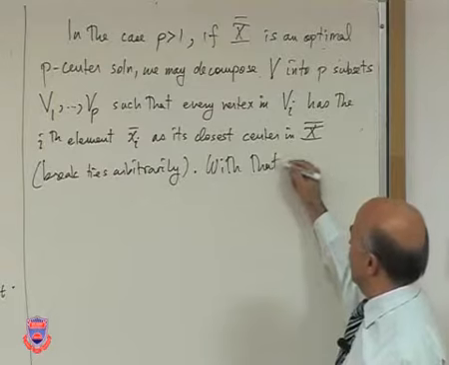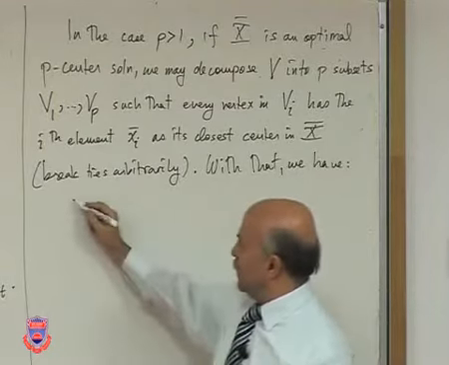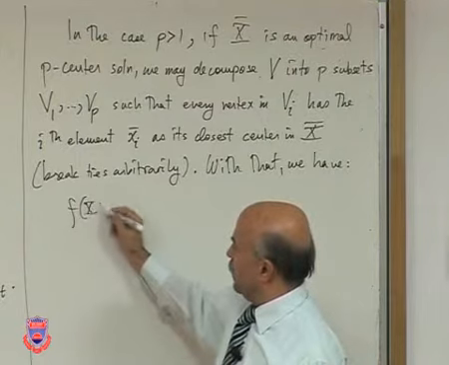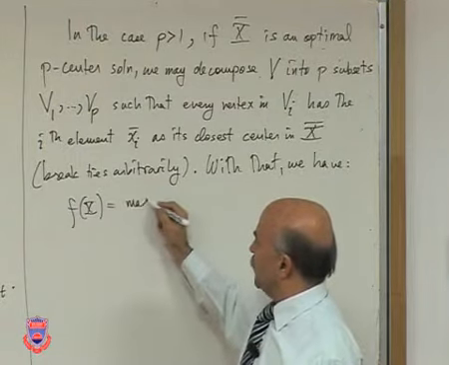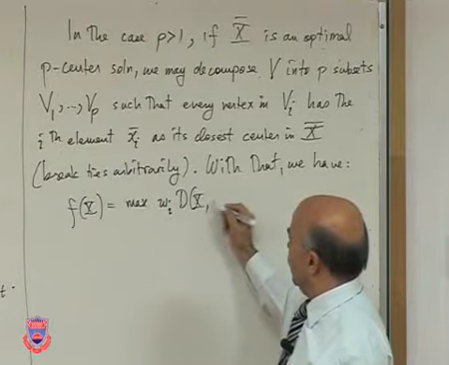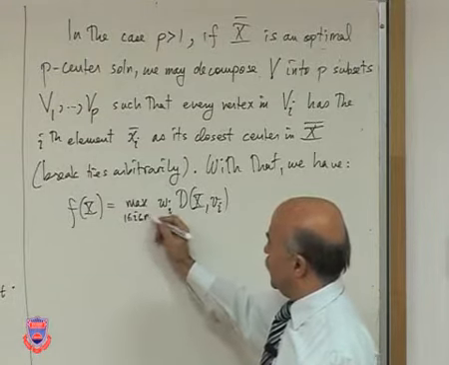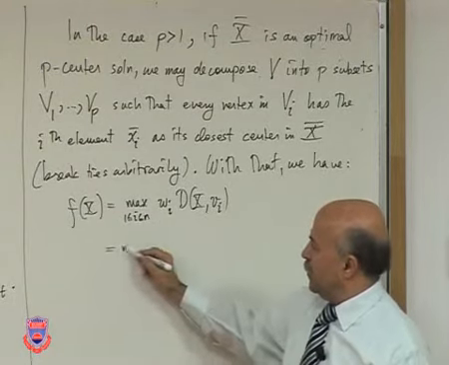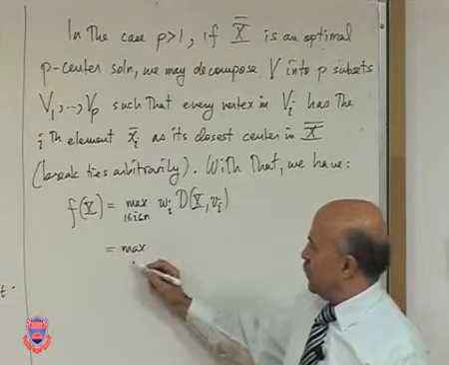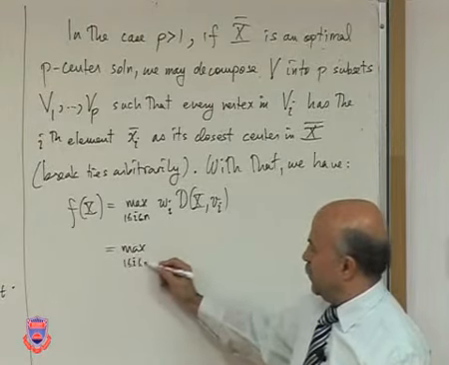With that, we have f of x bar equaling maximum wi d(x bar, vi). This is over all vertices, which can be decomposed into subsets going from 1 to p.